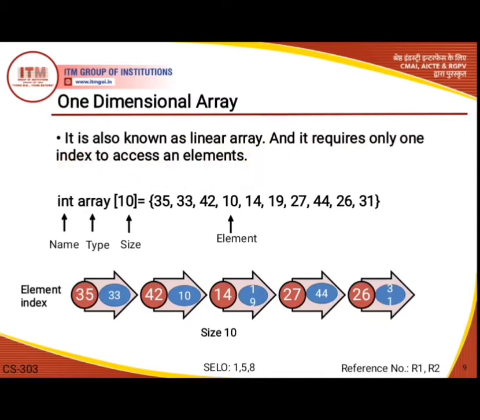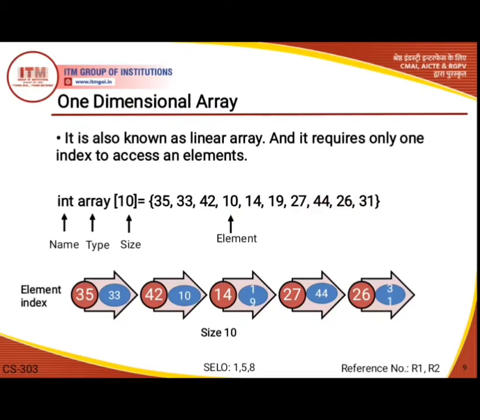Here you can see an example like int array 10, and the list of 10 items is represented here as 35, 33, 42, 10, 14, 19, 27, 44, 26 and 31.